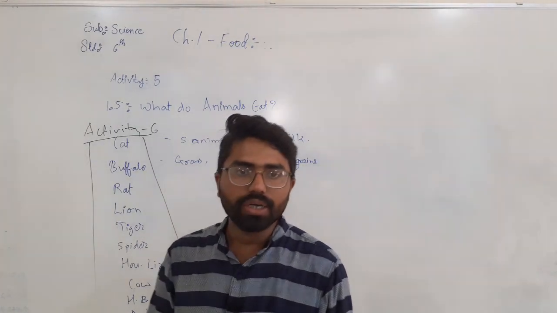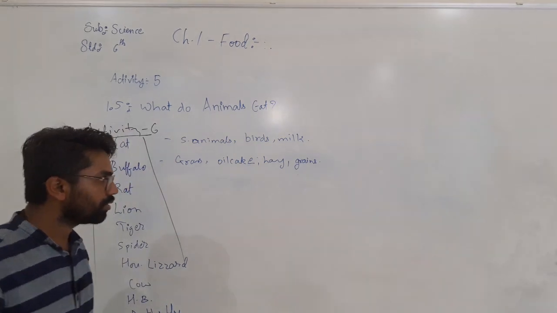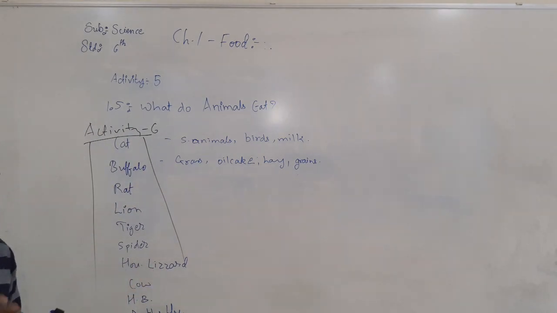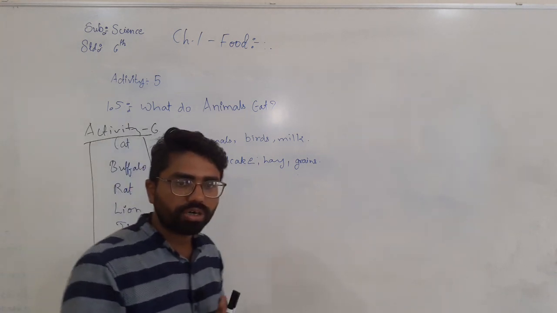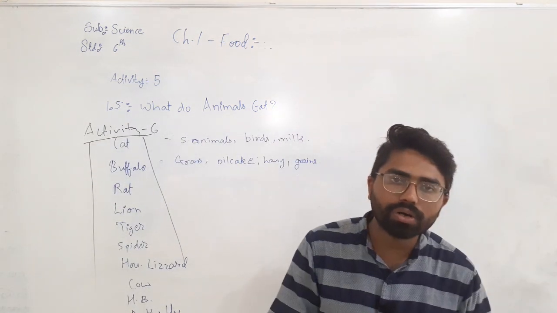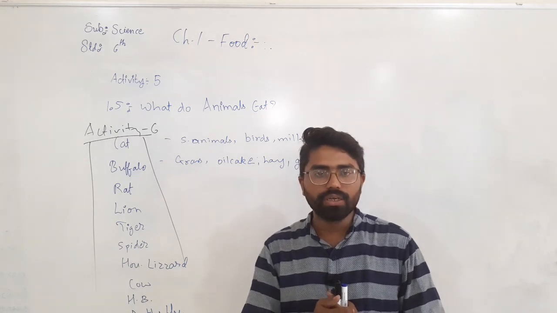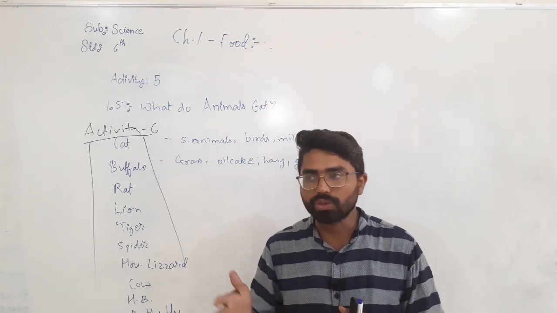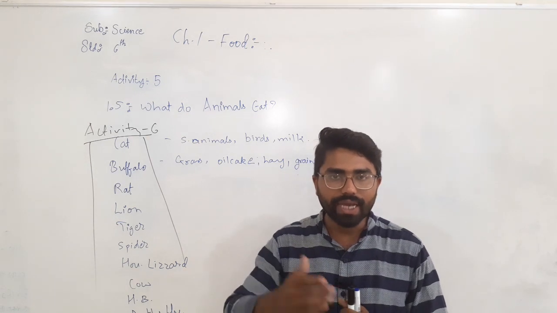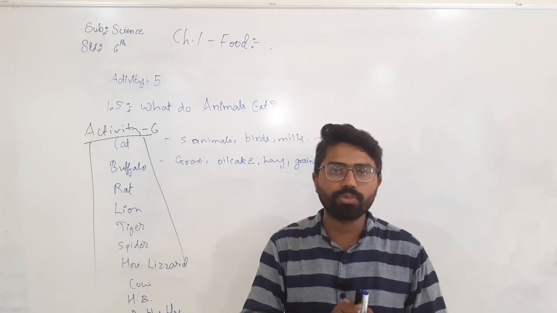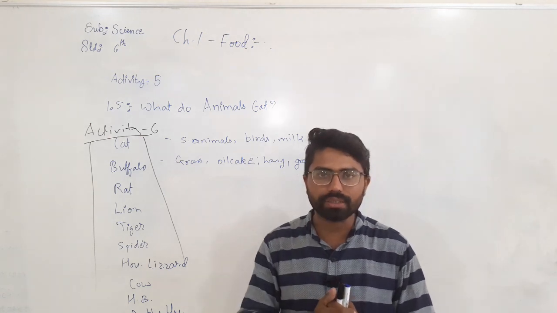Okay, so this was our chapter. It ends here. Okay, this is a small chapter and it gives more importance to food, where it comes from. Okay, what are the materials that are used to grow these grains, that also is a part of this lesson. It is not given in your textbook, but you should think over it.